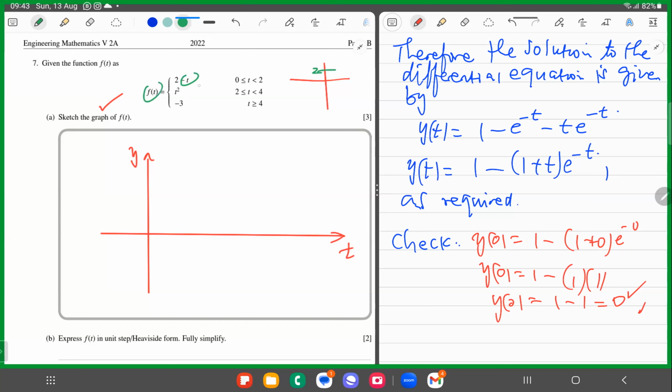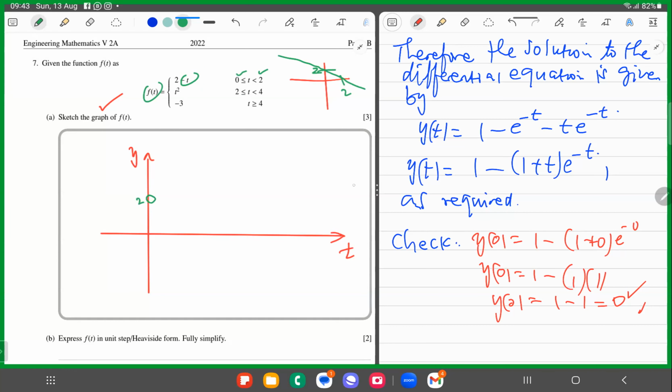If y is 0, then t is what? t is 2. And then you're going to have a function that cuts through 2 and 2. But this function is going to start from 0.